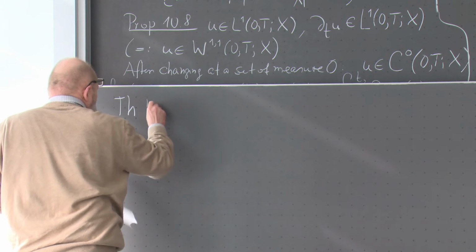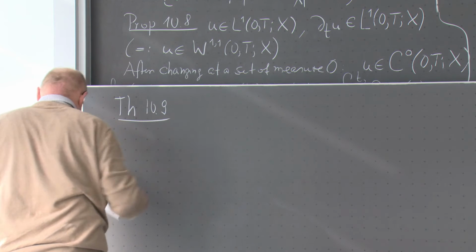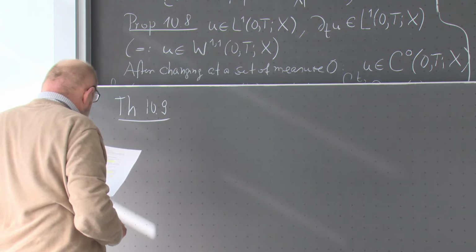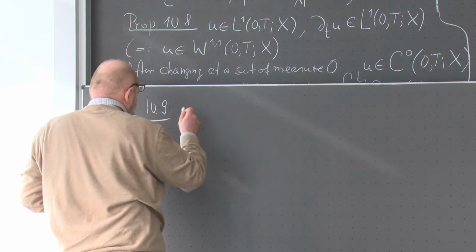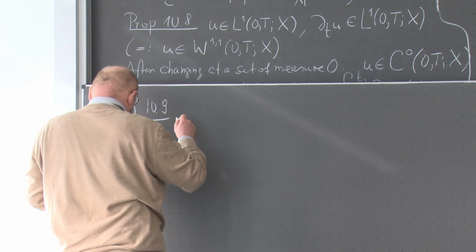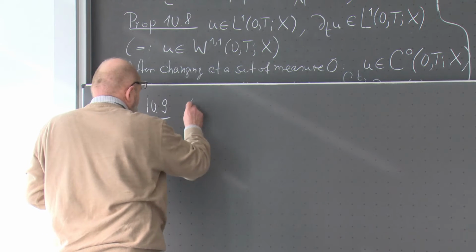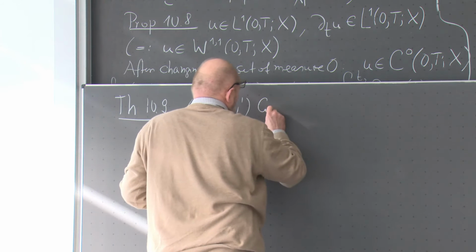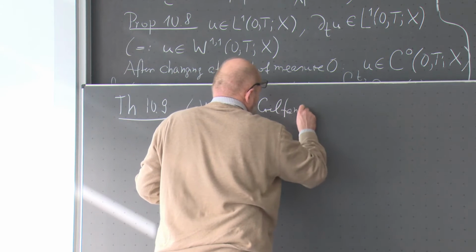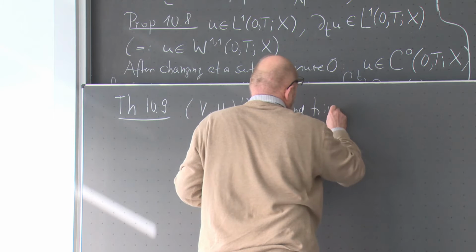Okay, so now we take this situation and relax a little bit. So let's say a Gelfand triple, V, H, V prime. It can be relaxed a little bit, but it doesn't matter for our cases.